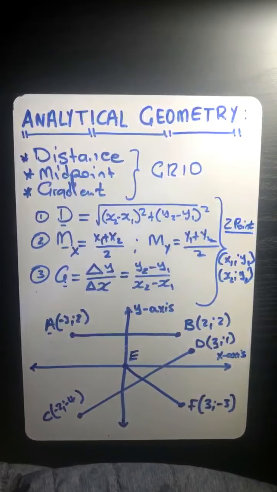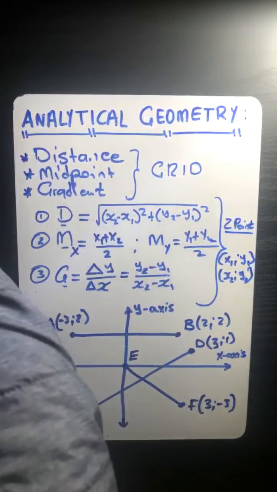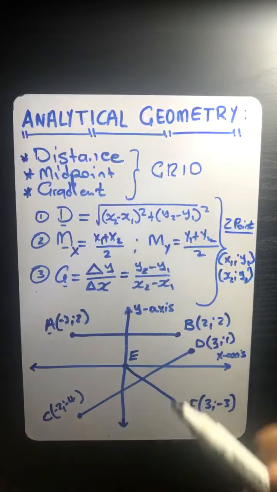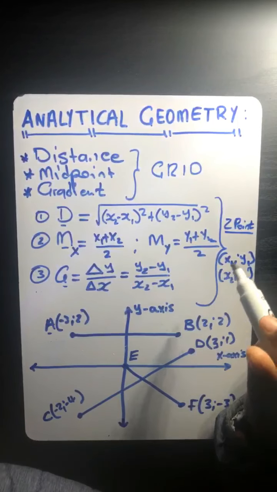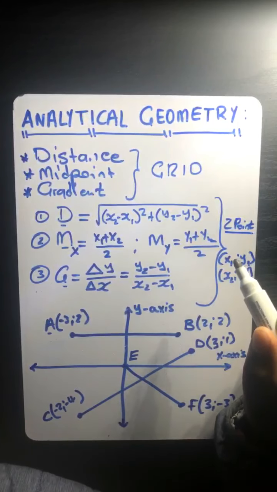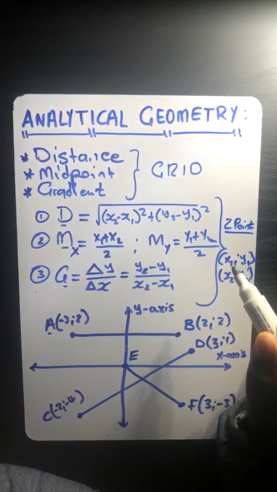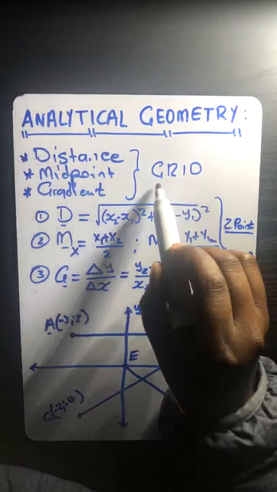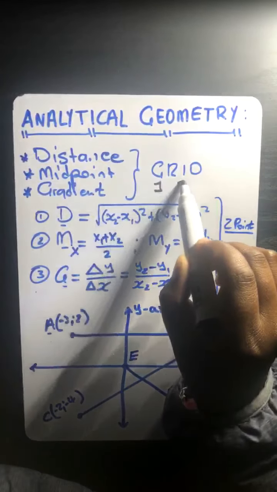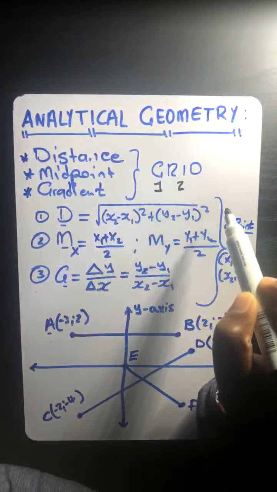So here comes a question, guys. Sometimes you're not sure which one is x2 and which one is x1. I've always been explaining during term 1 and term 2 that numerically, 1 comes first, 2 comes second.